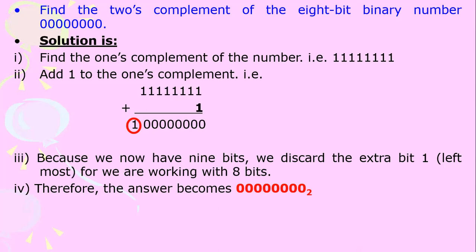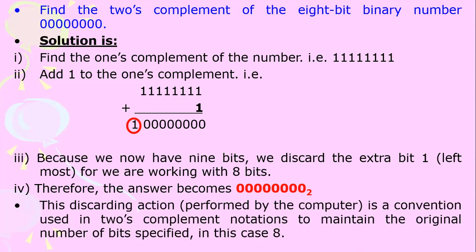My dear students and the rest of the learners, when you look at this result, we are ending up with the initial number, meaning the 2's complement of the 8-bit binary number consisting of a series of zeros only is those zeros at the end of the day.